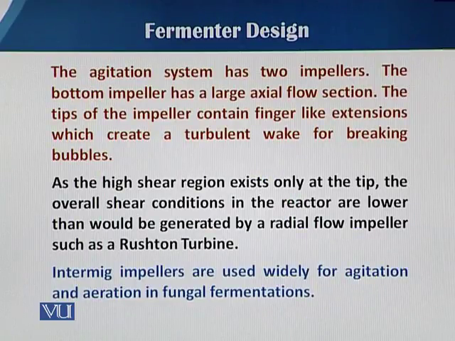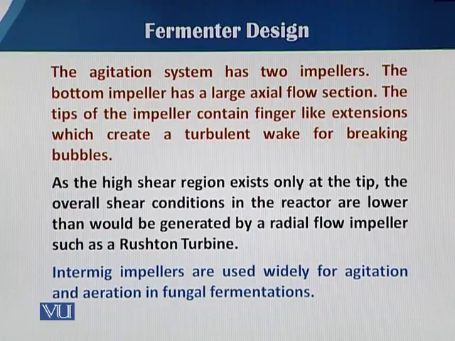The agitation system has two impellers. The bottom impeller has a large axial flow section, and the tip impeller contains a finger-like extension which creates a turbulent wake for breaking the bubbles.